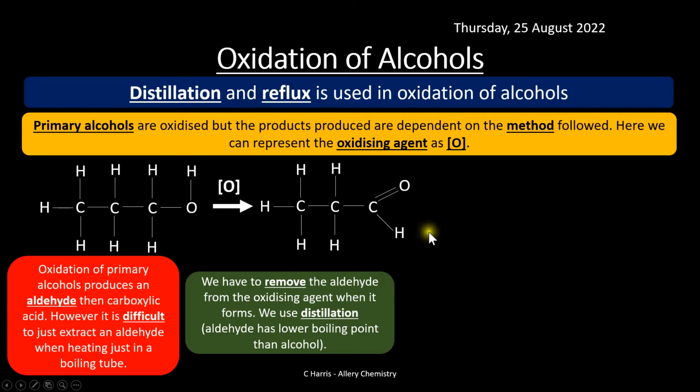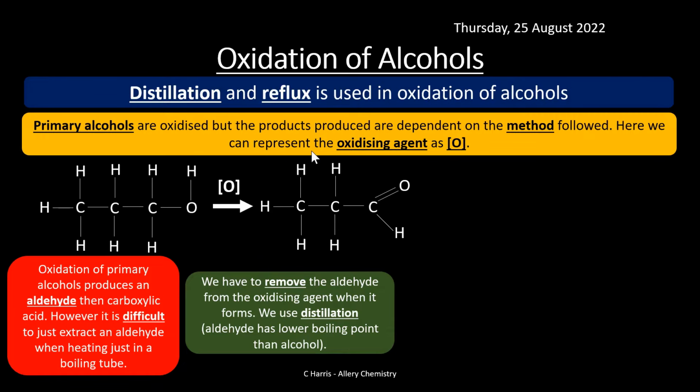So what we have to do is remove the aldehyde. If we're looking to just take this and not get it oxidized and not proceed to further oxidation, then we need to use a method called distillation. Distillation is where you have your round bottom flask and your Liebig condenser on a diagonal sloping downwards to a beaker a little bit further to the right.